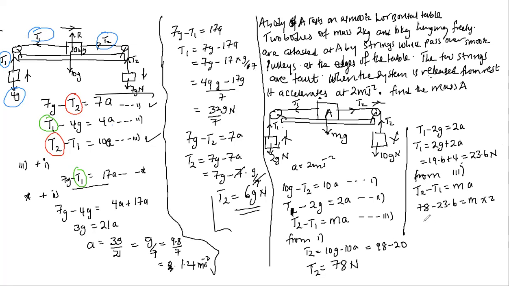So you can make M the subject by saying it is 78 minus 23.6 divided by 2. When you remove 23.6, you get 54.4. Divide by 2.